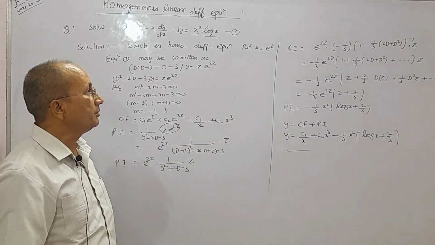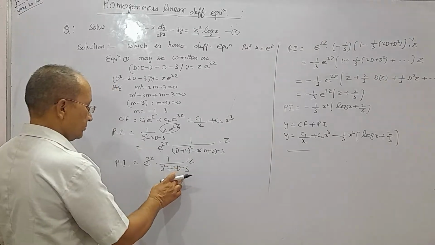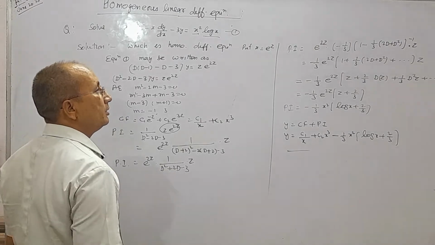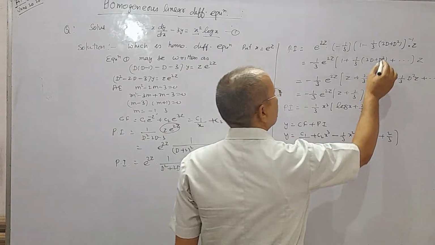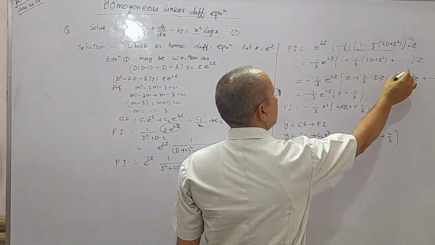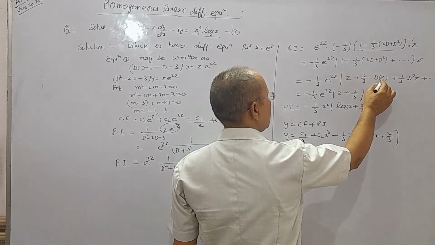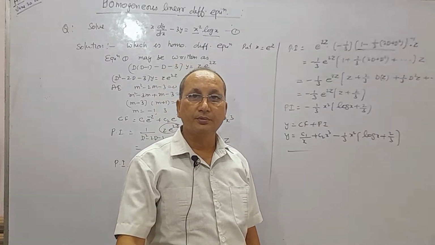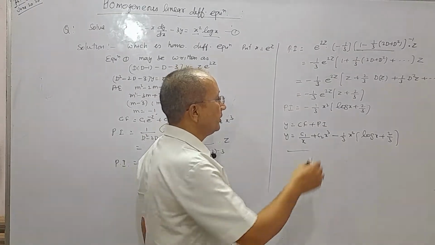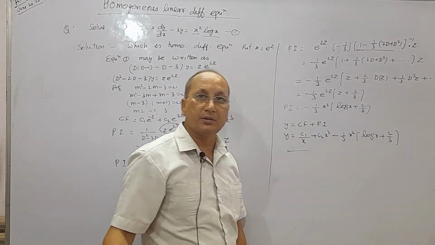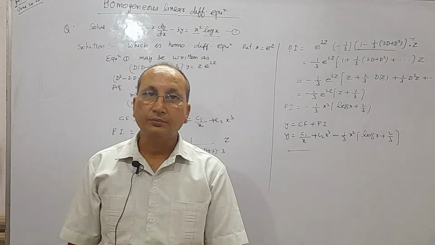Taking minus 3 common, that is binomial form, we expand it by binomial form and multiply by z: differential of z with respect to z is 1, differential of z twice is 0. Putting the values of z and e to the power z, y equals CF plus PI. That is the complete solution of this question. Okay, thanks.